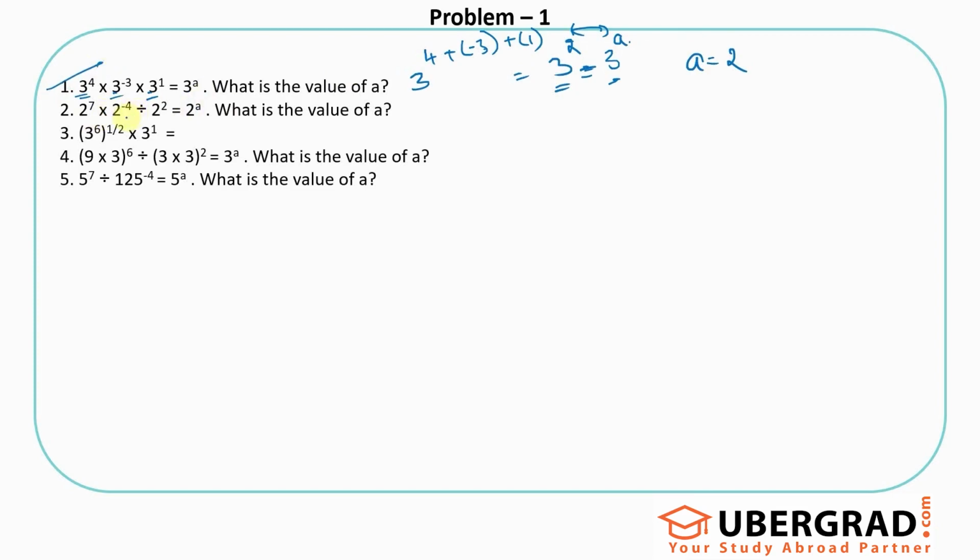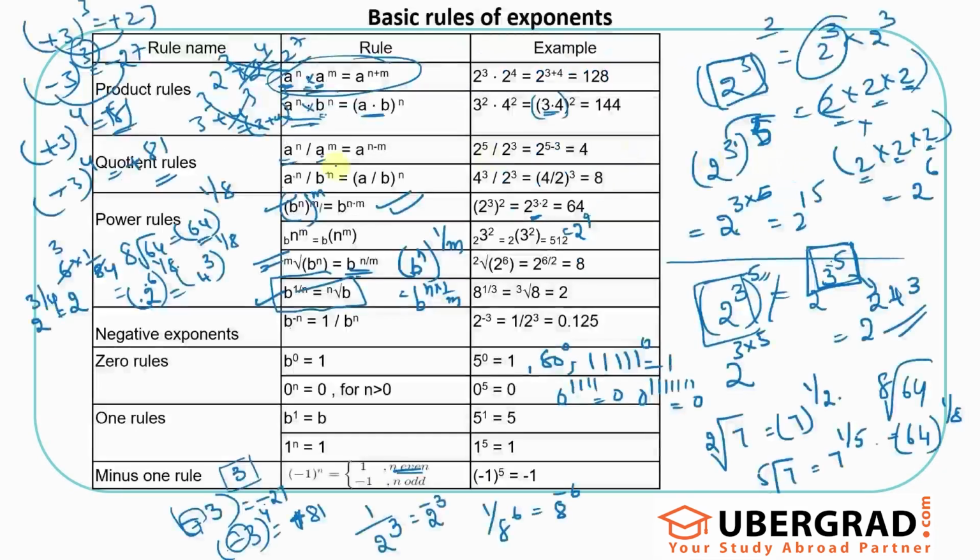2 power 7 into 2 power minus 4 divided by 2 power 2. So first let's focus on 2 power minus 4 divided by 2 power 2. You can do it in any order, that's the BODMAS rule concept. Same base but powers are different. n minus m is what you need to do when dividing them.